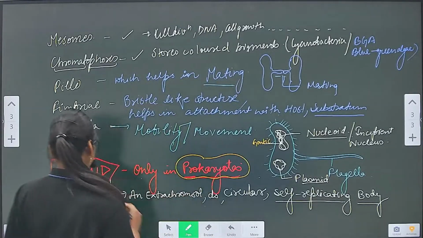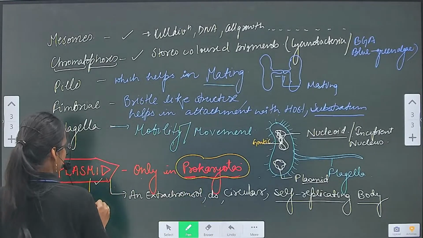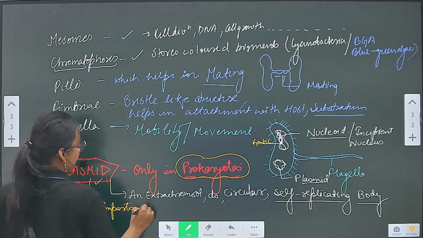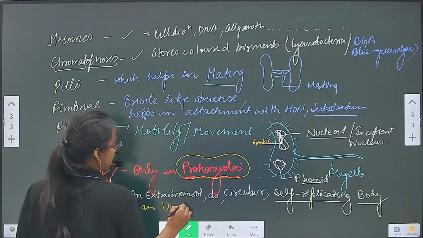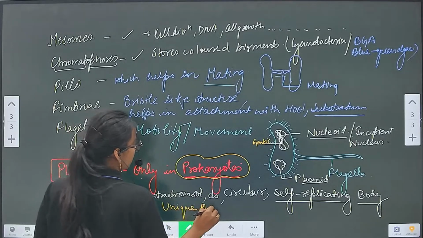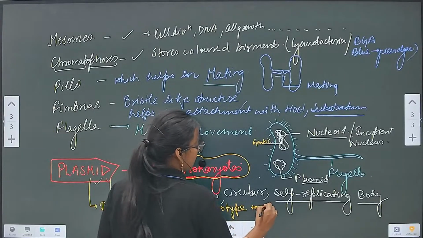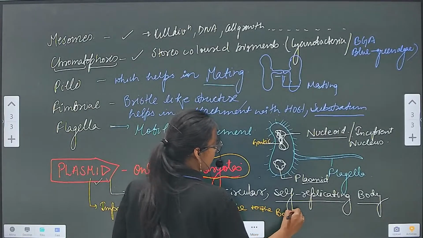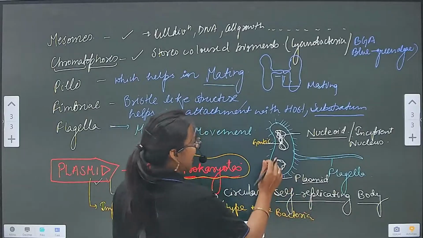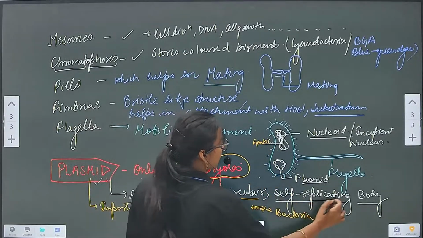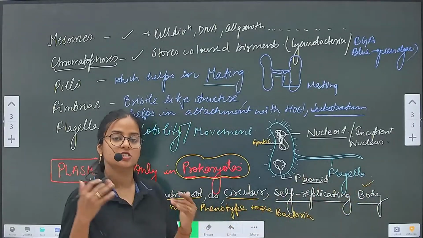So this plasmid actually imparts a unique phenotype to the bacteria. And remember, this is apart from the genetic material. That's why it is extra chromosomal, circular, and self-replicating, which means it is autonomous, independent of the other.